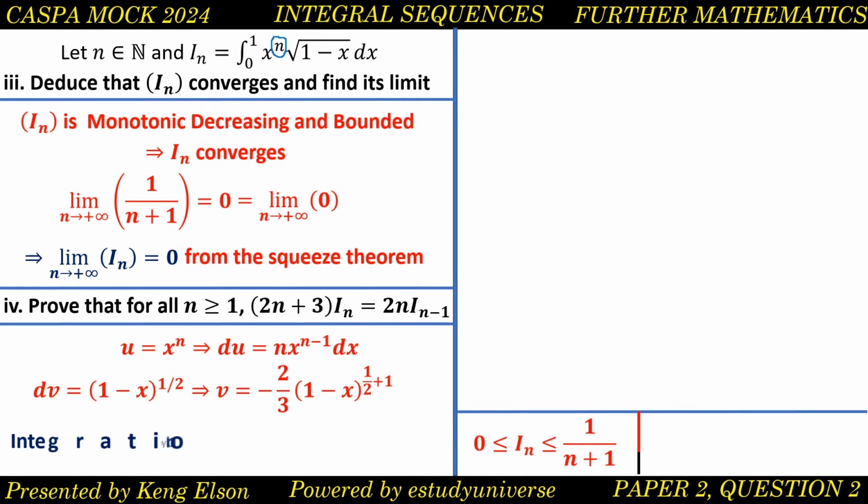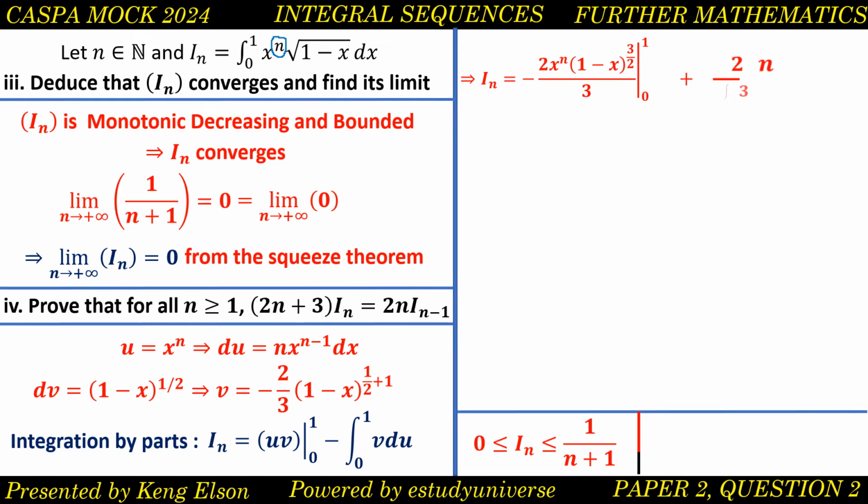Now integration by parts says that our I of n is uv minus the integral of v du. We need to also impute the limits of integration because it's a definite integral. All we need to do is replace u, v and du with their respective functions that we have gotten above. So I of n will be equal to, now let's start with u.